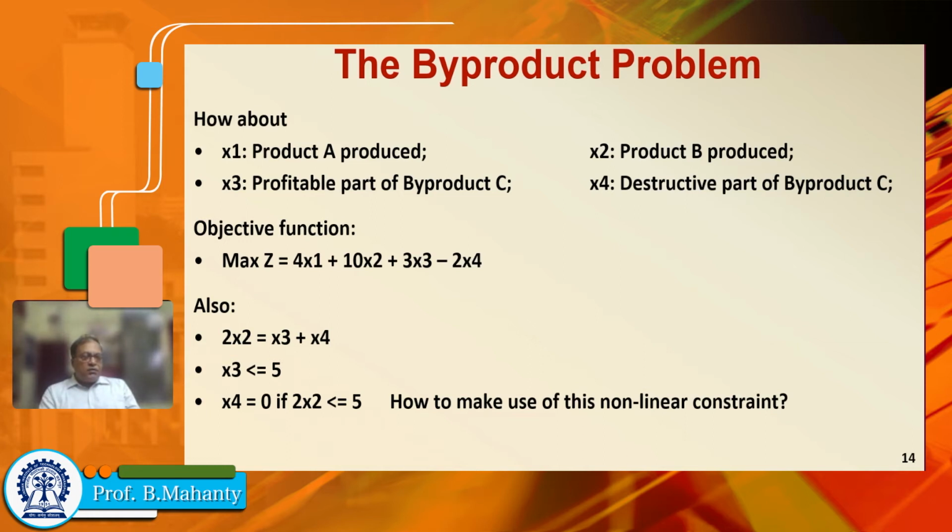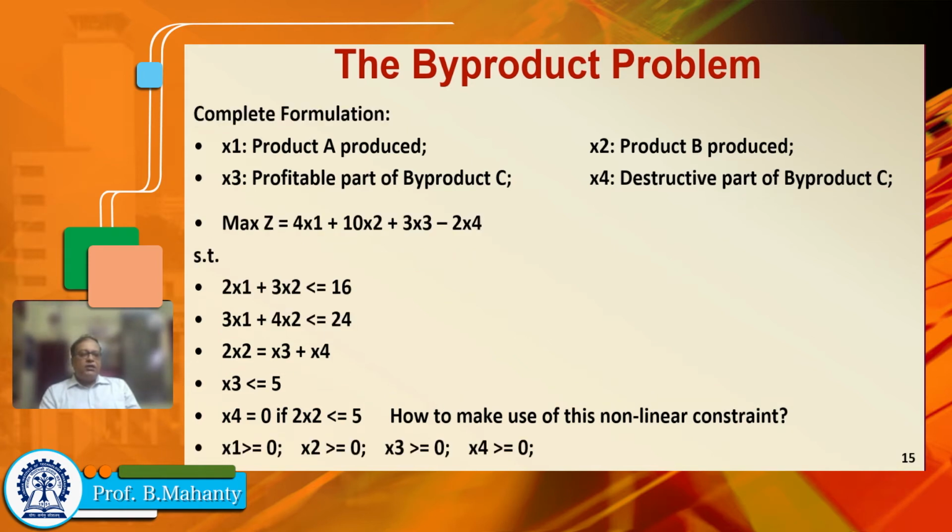Because this is a nonlinear constraint, right? So what exactly should we do, and how do we take care of this nonlinear constraint? So here is the complete formulation. x1 is the product A produced, x2 product B, x3 profitable part of byproduct C, x4 is destructive part of byproduct C. Then maximize Z equal to 4x1 plus 10x2 plus 3x3 minus 2x4 subject to 2x1 plus 3x2 less than equal to 16, 3x1 plus 4x2 less than equal to 24.